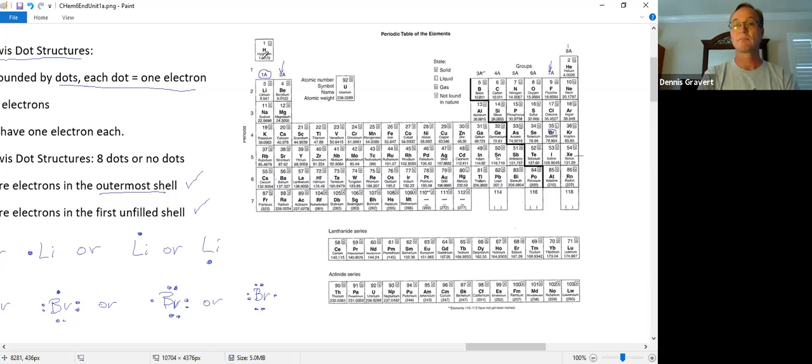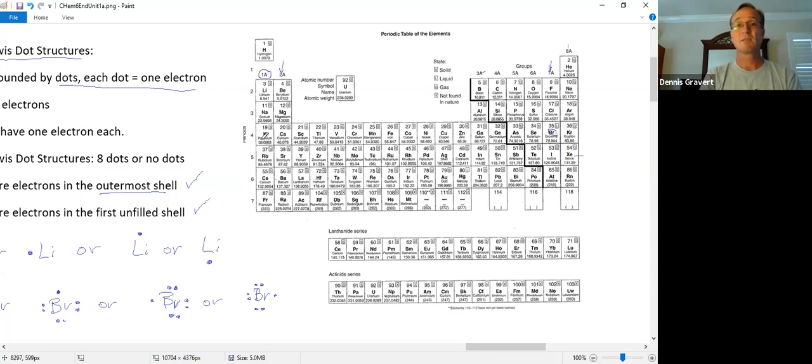Second electron pairs up, it's the 1s electron. Third electron now starts filling the second row, second shell. I'm gonna need 8 electrons to fill up the second shell. So the first unfilled shell of lithium is the second shell. There's only 1 electron in that second shell, that's why it has 1 dot.